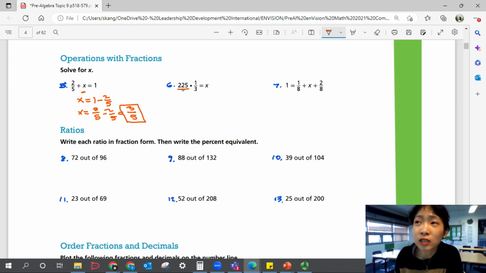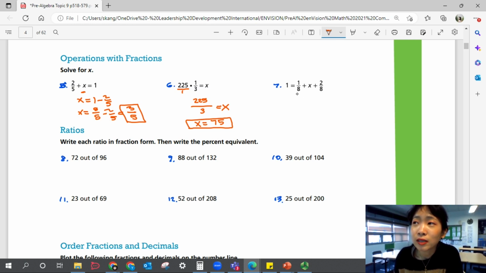If you make it a fraction, that's over 1, right? So 225 times 1 is 225. 1 times 3 is 3. You see that? So it's just 225 divided by 3. So if you divide it by 3, you will get an exact whole number of 75. X is 75. All right, number 7.